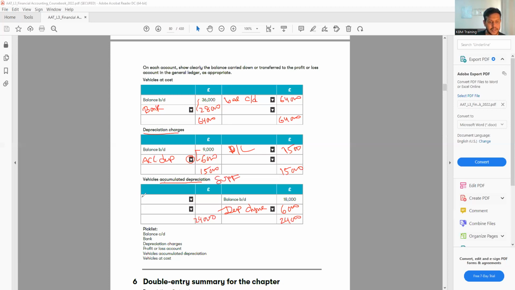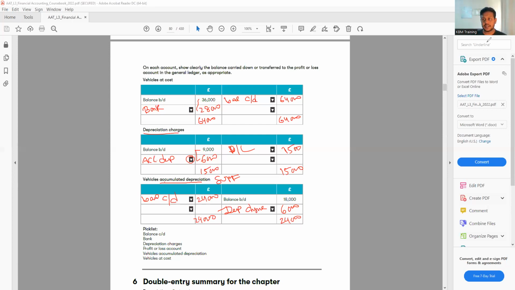That means you have to do the balance c/d. Remember that any item, if it belongs to profit and loss account, then you don't have to do balance c/d and b/d. You need to do profit and loss account. If the item belongs to SOFP or statement of financial position, only that time we have to do balance c/d and b/d.